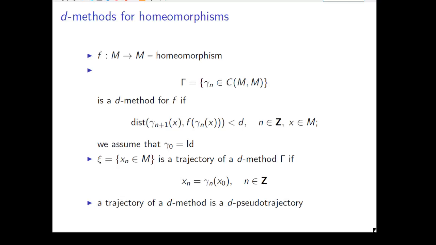I call a sequence the trajectory of these d-methods if these equalities hold, and it's easy to understand. It's clear that the trajectory of a d-method is a d-pseudotrajectory.